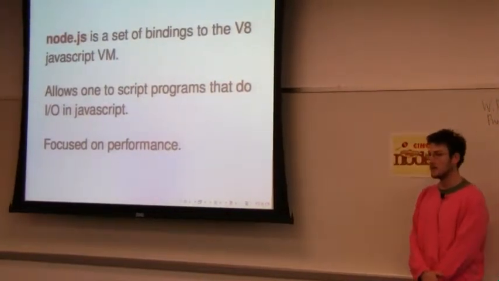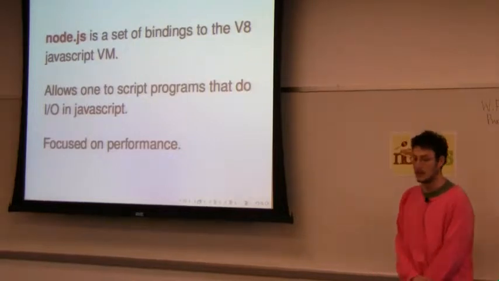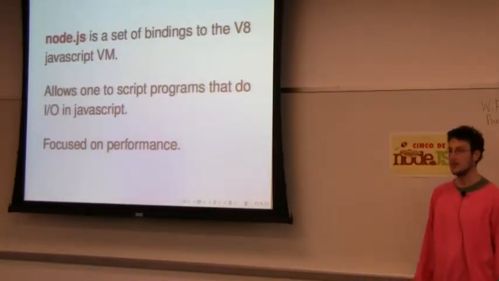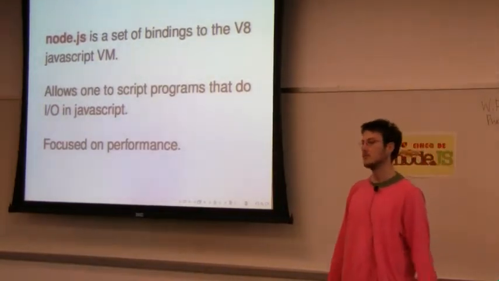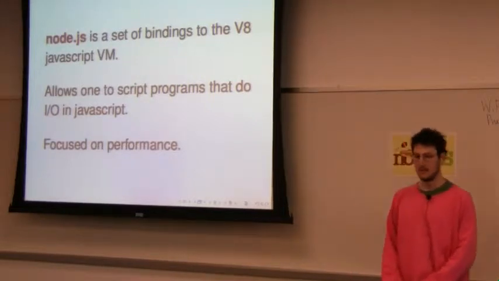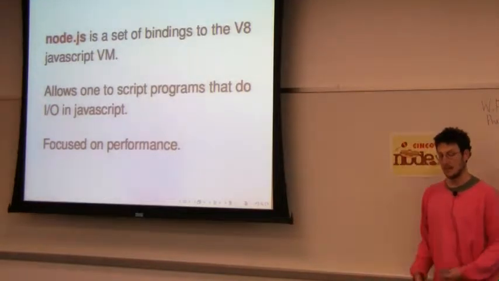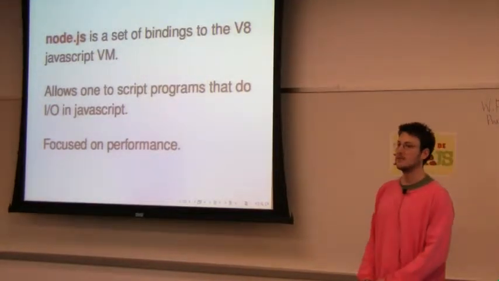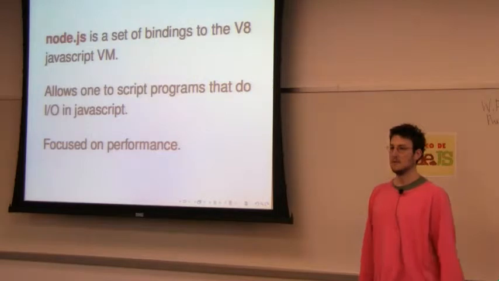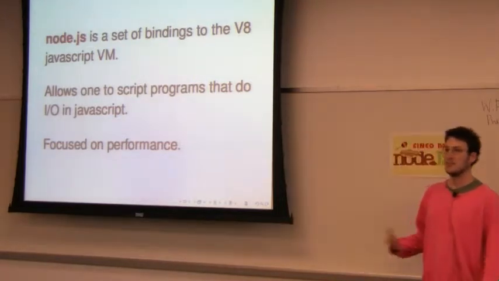And it allows one to script programs that do I/O in JavaScript, which is something that JavaScript previously hadn't really done so much of. JavaScript was restricted to the browser and didn't really have any notion of doing I/O other than manipulating the DOM.